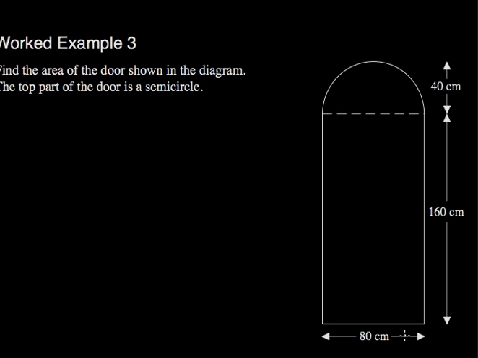Okay, in this last worked example, to find the area of this door, it contains a semicircle, semi meaning half, and a rectangle. So to find the total area, we would do area of total equals the area of the semicircle plus the area of the rectangle.